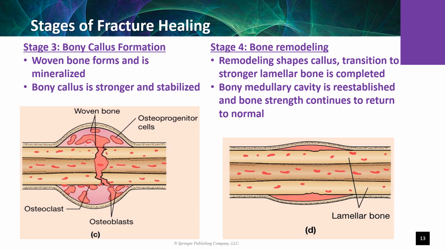The calcium salts deposit around the collagen fibers to form woven bone. By 6 to 8 weeks after the fracture, bone tissue will have gradually replaced the soft callus formed in the previous phase. The woven bone forms a relatively stable hard callus at the fracture site.